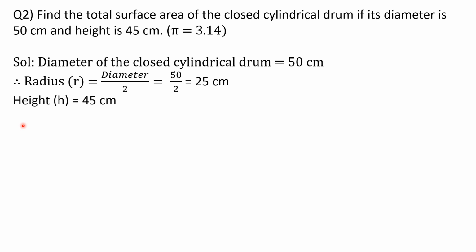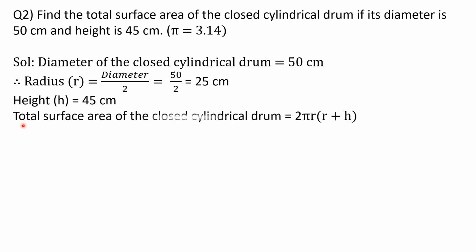Now student will put the formula. That is total surface area of cylindrical drum equal to 2 pi r into bracket r plus h. So I'll substitute, that is equal to 2 into, in place of pi you'll write 3.14. You'll not take 22 upon 7 because it is given in the question to take pi value as 3.14.